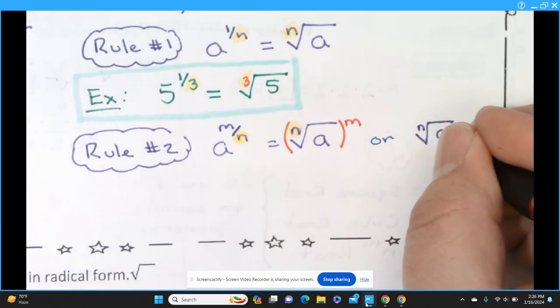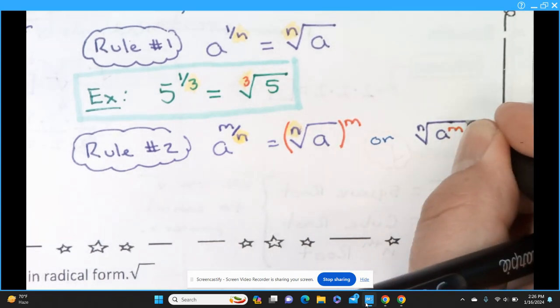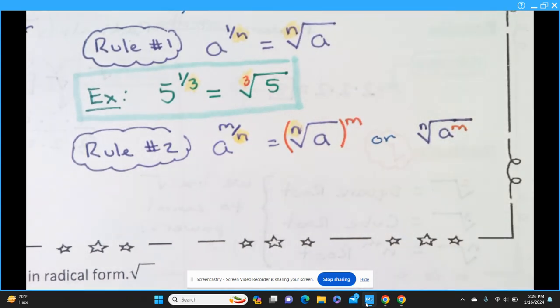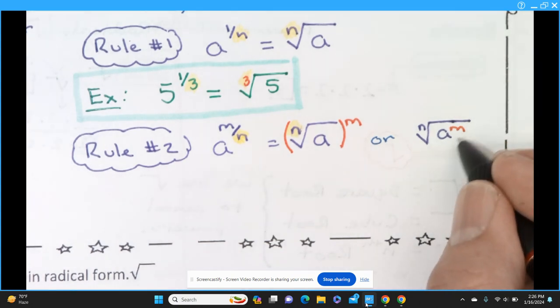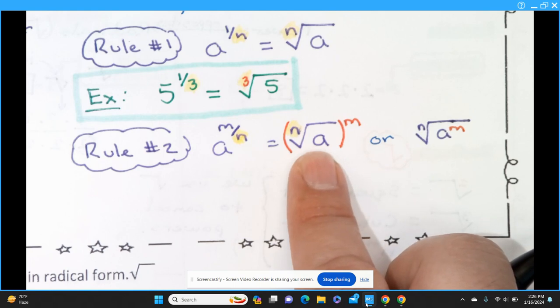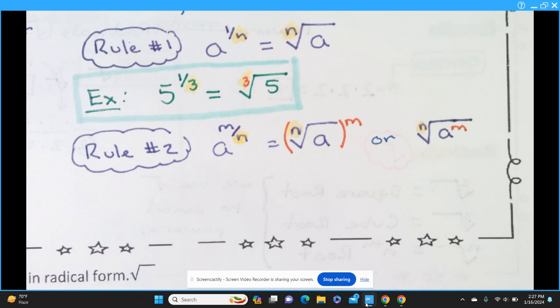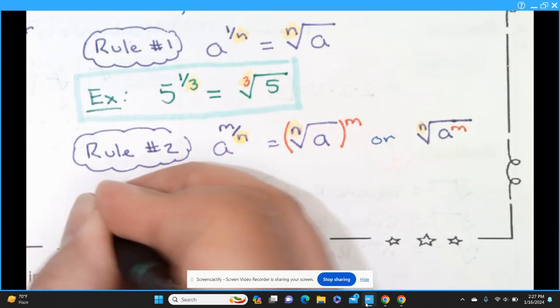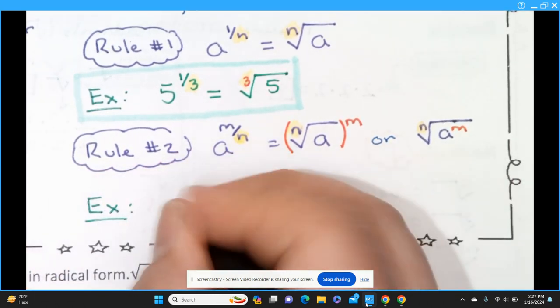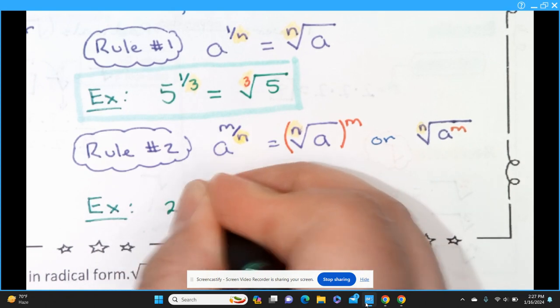My other option is to put the m, the power of m, not a regular m, just a power, I could put it on the inside. But I'll tell you right now, this is our go-to. This is what we use the most. That first one, that's why I started with that one. But it does have 2 options with the way we set it up. So that's why, if I give you one last example here before we do the problems at the bottom, the example says this. What if I had a 27 to the power of 2 over 3?